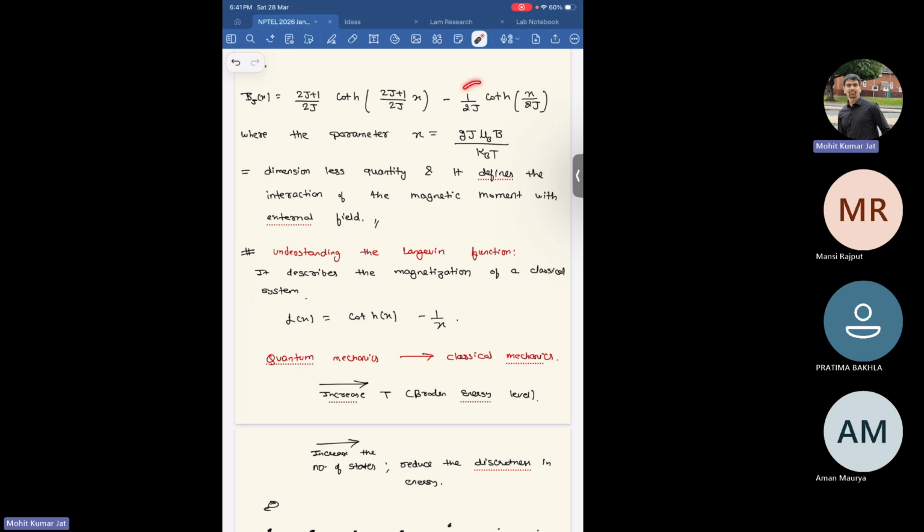And if you expand 1 by 2j times coth of x by 2j, this x by 2j will approach 0 for moderate x. If j is very large, the term 1 by 2j will also approach 0, and when you expand it, you will get 1 by x.